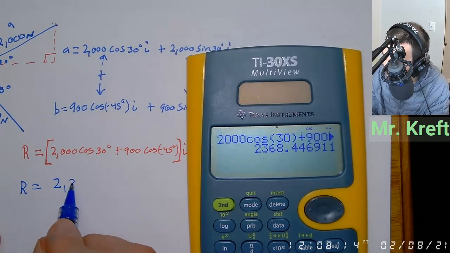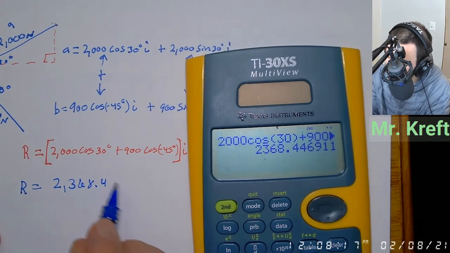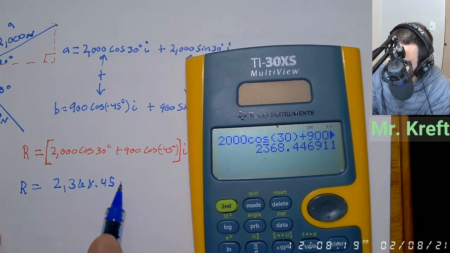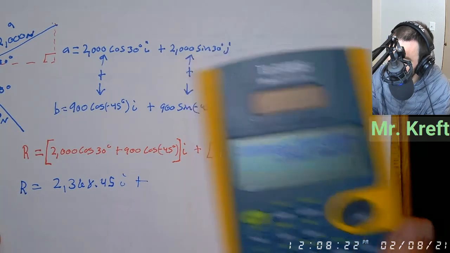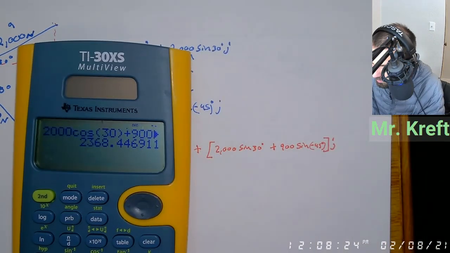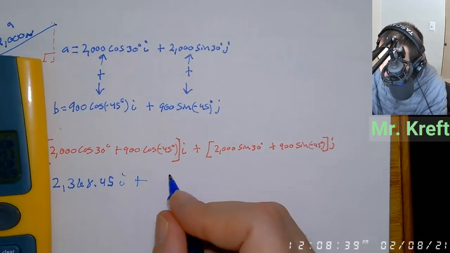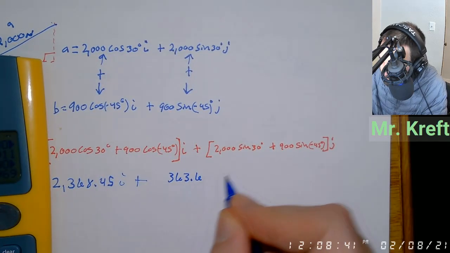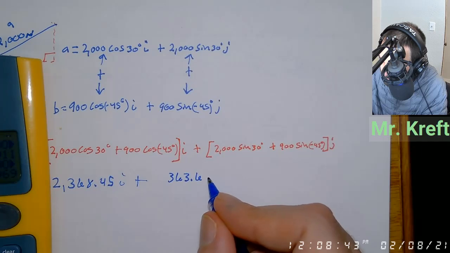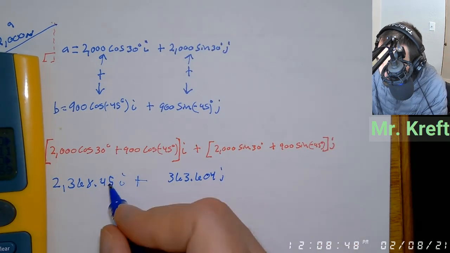So what do we get here? 2068.45 i, and then plus, let's get the second one. 2000 sine of 30 plus 900 sine of negative 45. I should go to the fourth decimal.